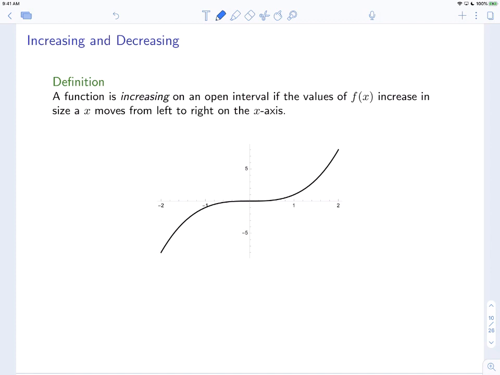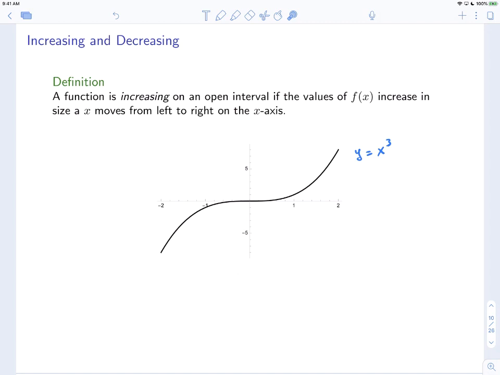Let's introduce some terminology. A function is said to be increasing on an open interval if the values of f of x increase in size as x moves from left to right. So here's an example. This is actually the graph of y equals x cubed. As x goes from left to right, that means x is getting larger.